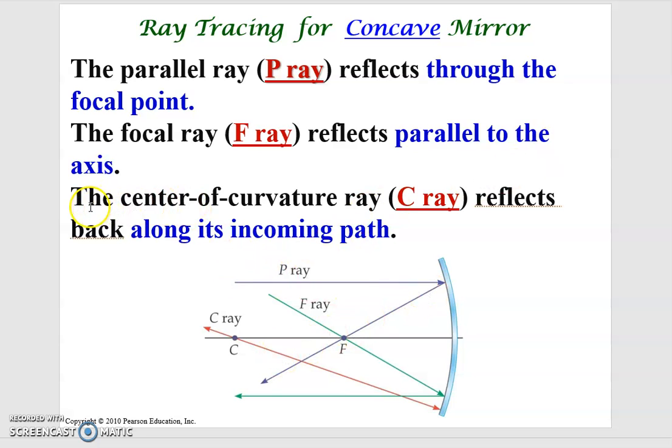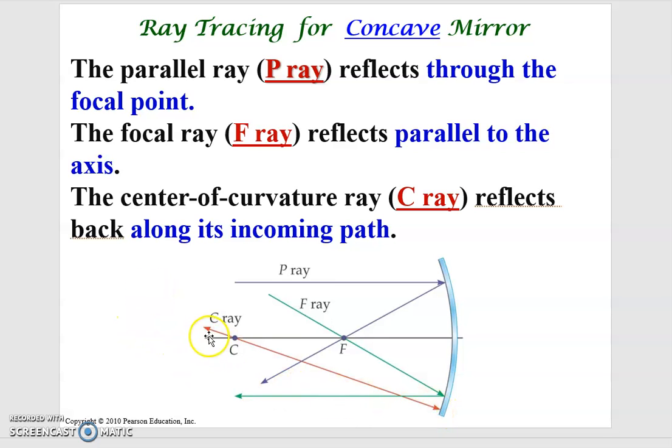The third is the center of curvature ray, which is the C ray. What is a C ray? It means that all the light passing through C, in these directions or in these directions, is always reflected back along the same line.